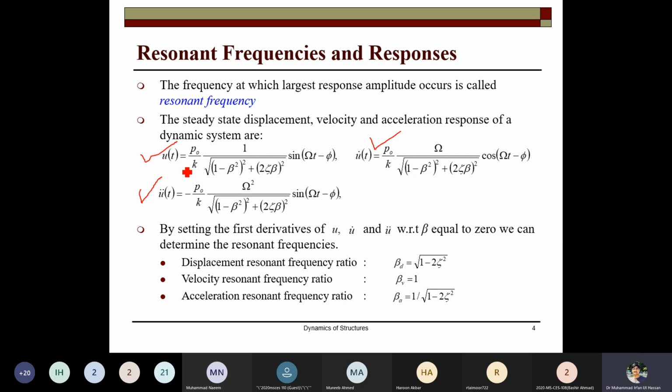And we can take the first derivative of all these with respect to beta, आप निकालें अगर, and then put it equal to 0. So you can determine the resonant frequencies. First you differentiate every response with respect to beta और beta निकाल लें. So this will give you the frequencies at which the resonance occurs.